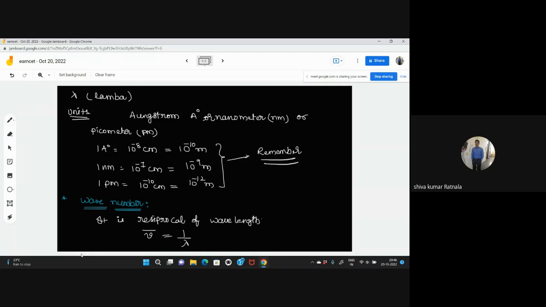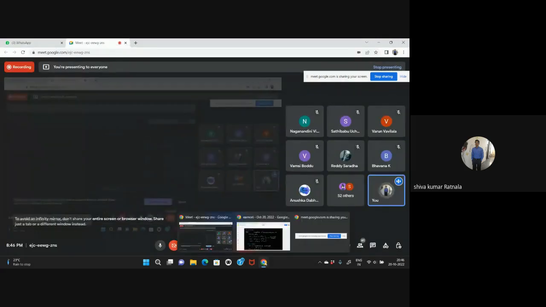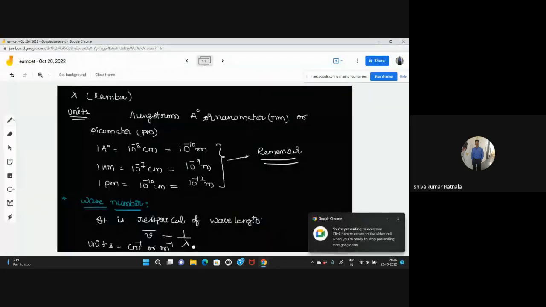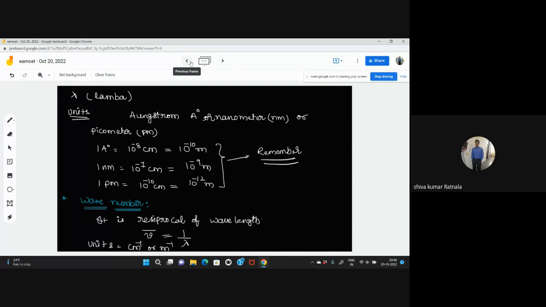Therefore, the units are centimeter inverse or meter inverse. As we are saying, lambda in angstrom or nanometer or picometer is all converted to centimeters, that's the reason the unit can be centimeter inverse.